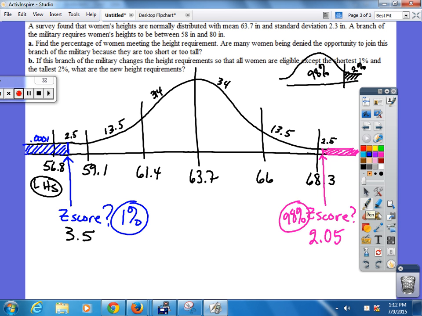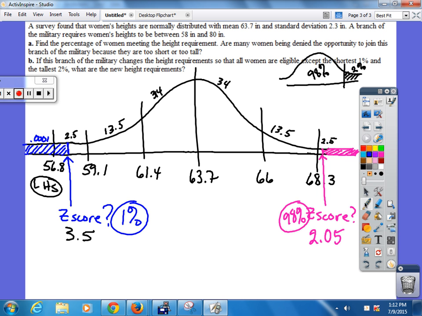Now let me reiterate. The reason this is the z-score at 98% is that the tables only give you the z-score for the area on the left-hand side. So if you're looking for the top 2%, what's the left-hand side? 98%. So you have to look up the 98% z-score. You have to remember that.